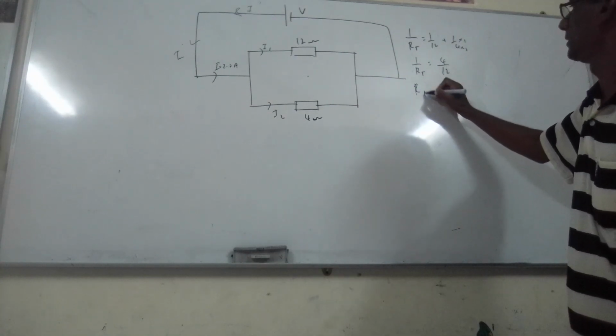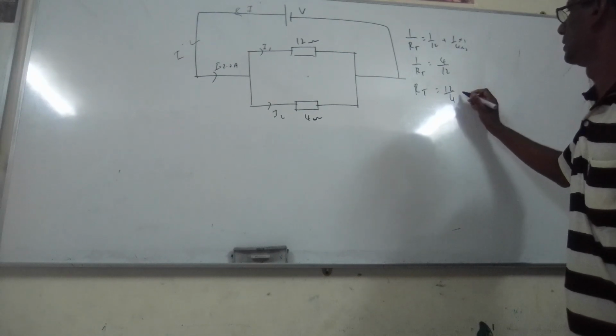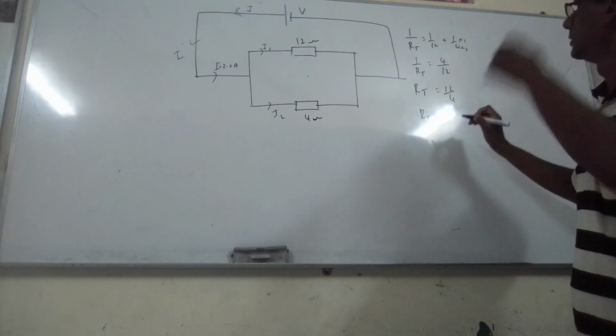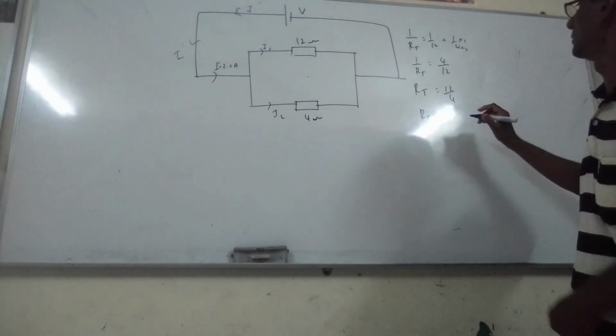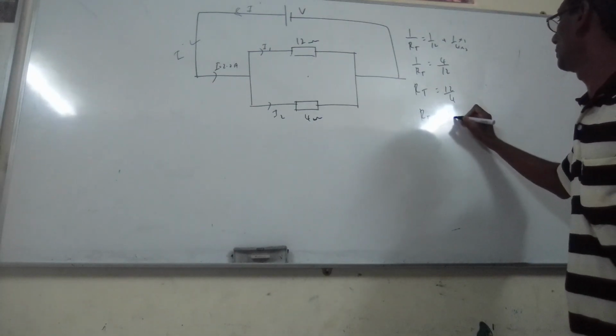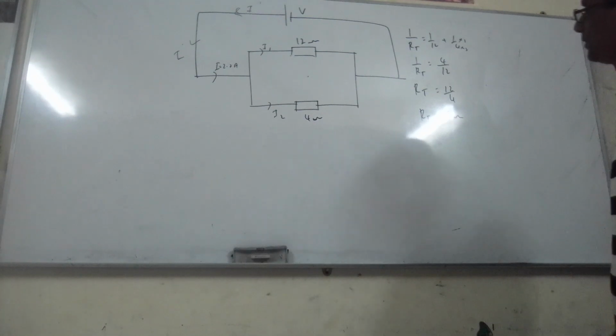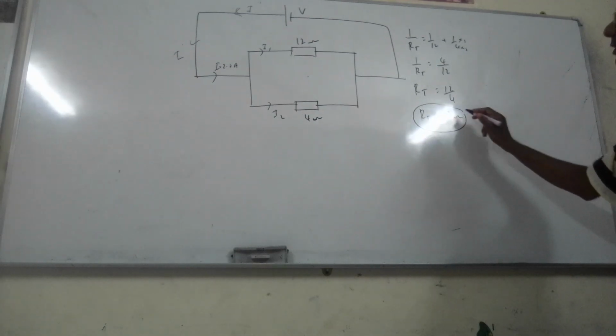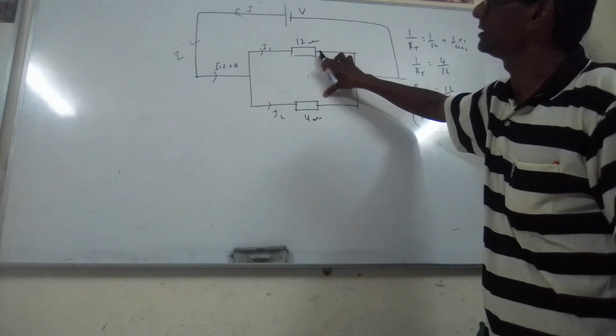Reversing, RT is 12 over 4, so RT equals 3 ohm. The total resistance is 3 ohm.